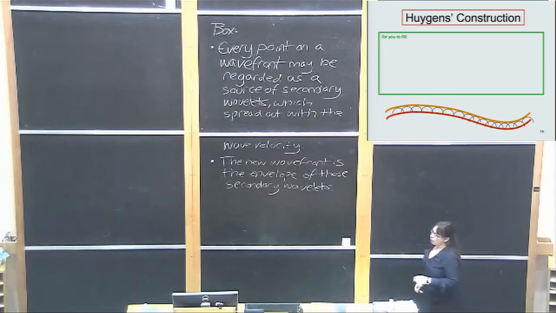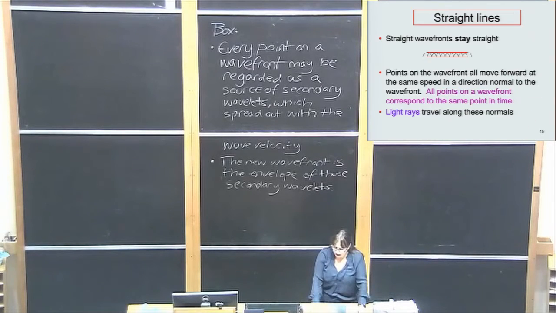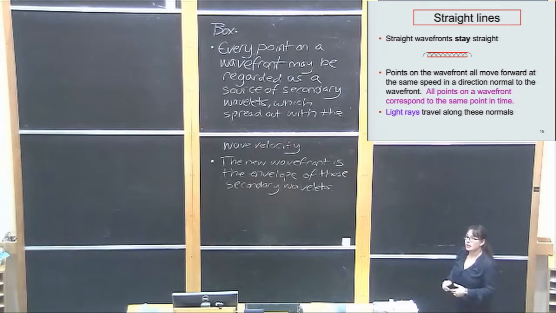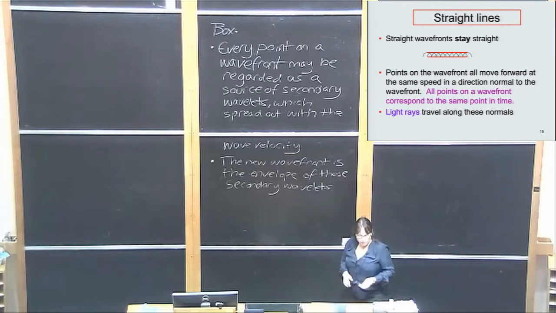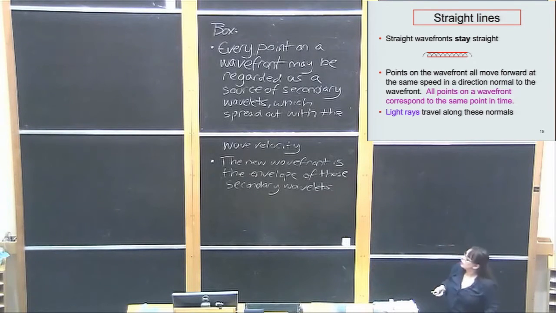So that orange line represents where the wave is at some later time. This has some nice properties. Straight wavefronts stay straight, so this seems to be solving this whole straight line thing, except if you look at the edges, so let's not look at those too closely at the moment. Let's brush that under the carpet.